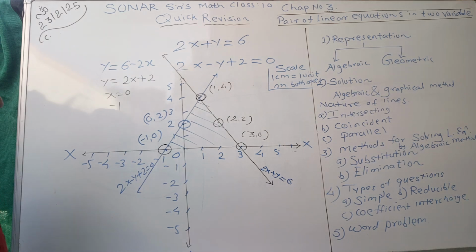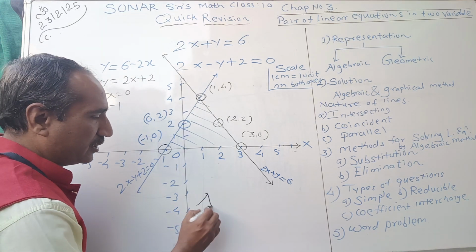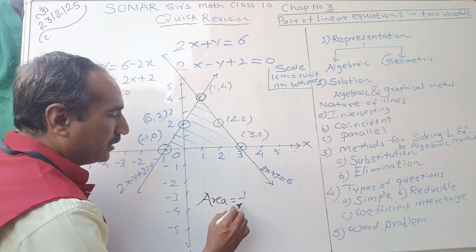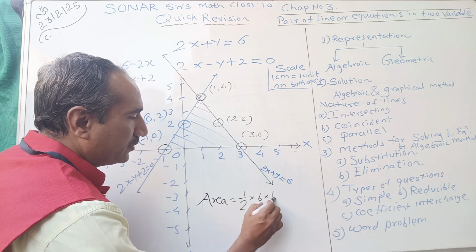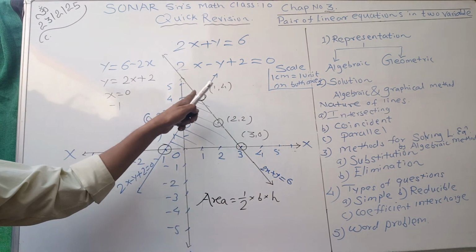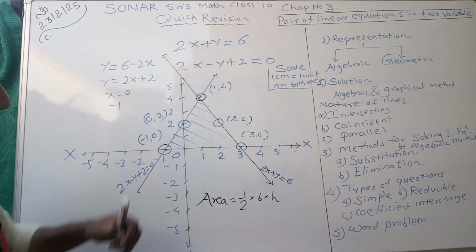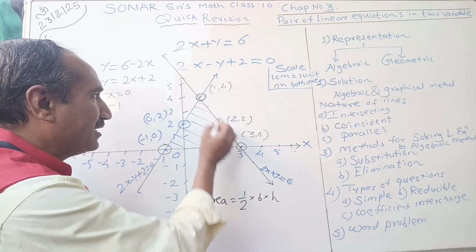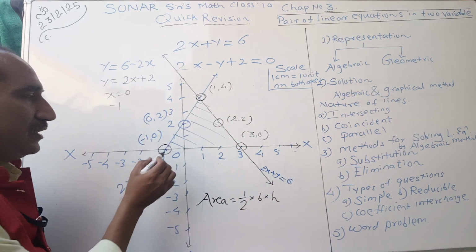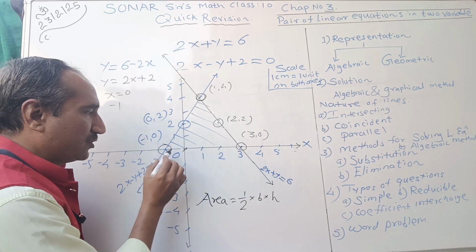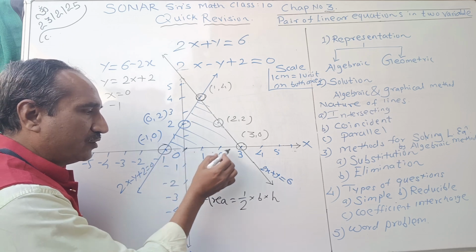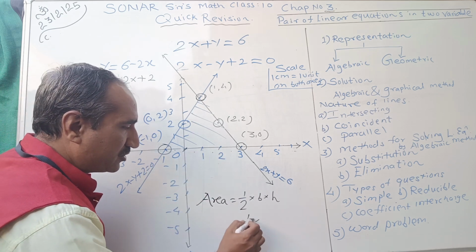Now we have to find the area of the shaded region. For area, half base into height. Why? Because this shaded region, these lines and the x-axis form a triangle. So we'll consider this as the base. Base: 1 unit, 2 units, 3 units, 4 units. So the base is 4 units.